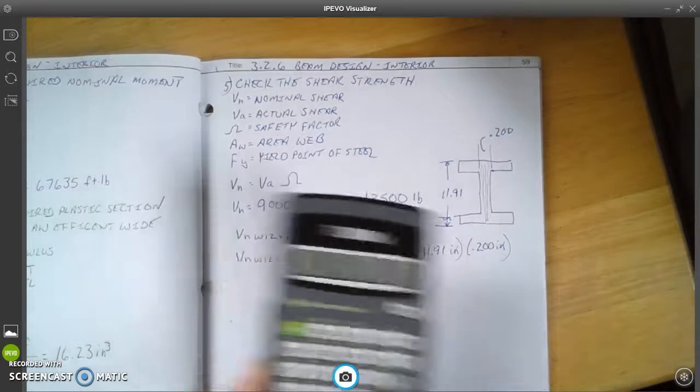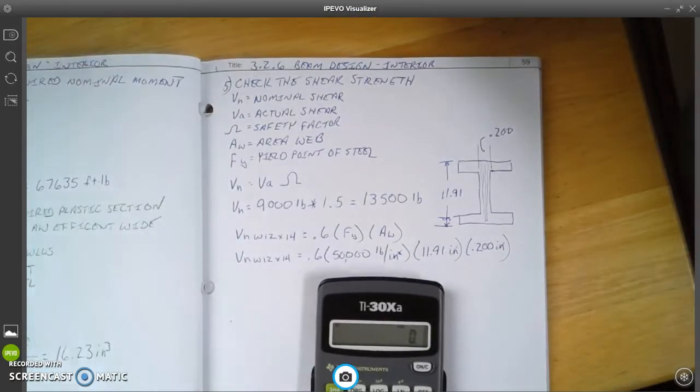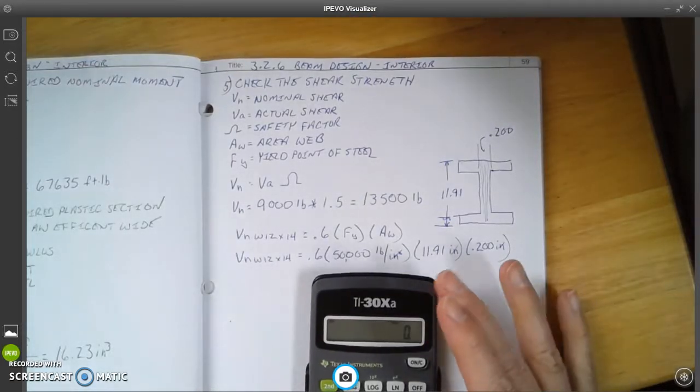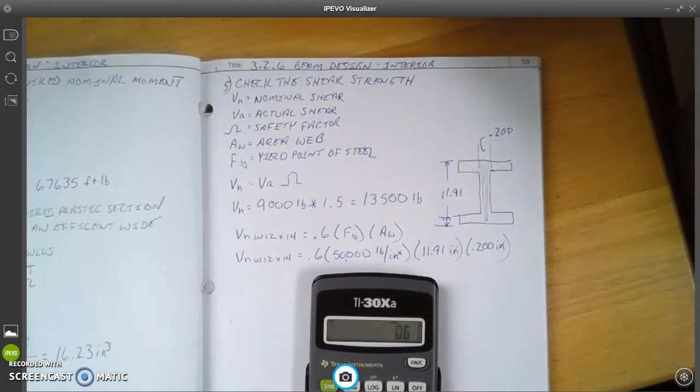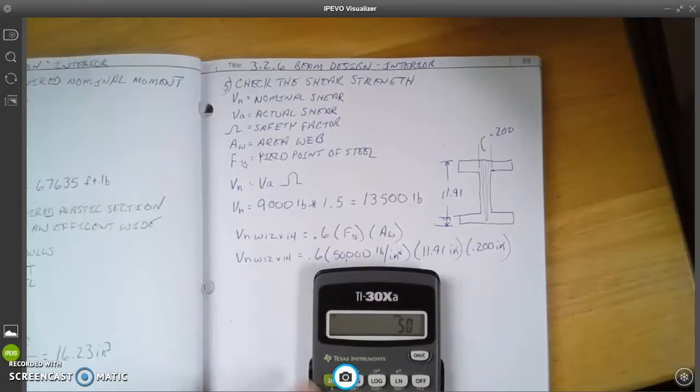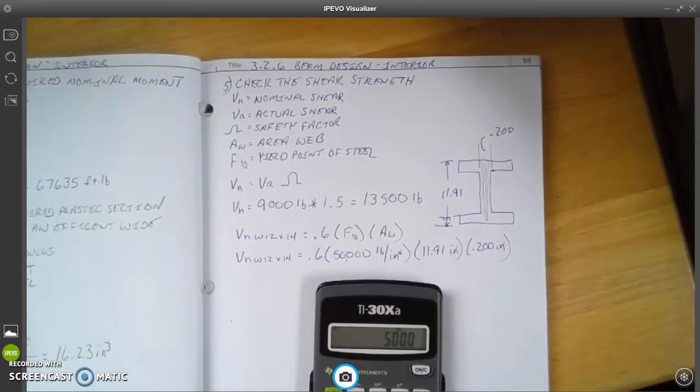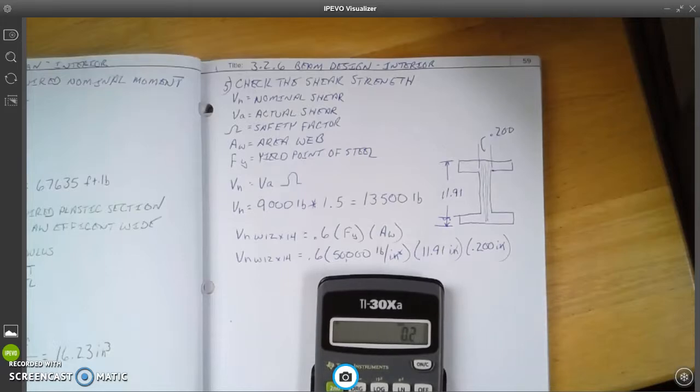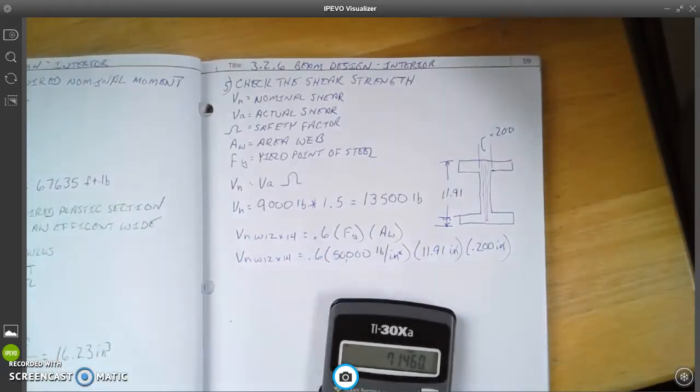So, calculator time. Let's see if I can do this so you can see it as I'm doing it. Okay, I'm going to put in 0.6 times 50,000, times 11.91, times 0.2, equals.